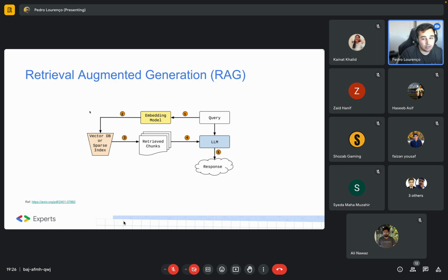I think you have probably seen these initials. It's very used in the industry today, because you can input your own documents, your proprietary knowledge, to the model, and make the model answer given your documents. But let me explain in simple terms what retrieval augmented generation is. Imagine you work for a company, and you have a bunch of internal documents.